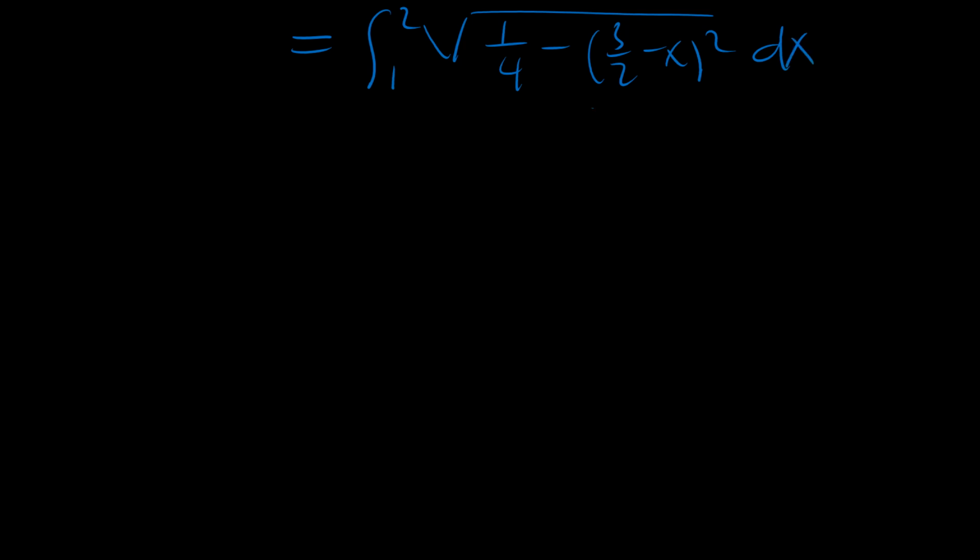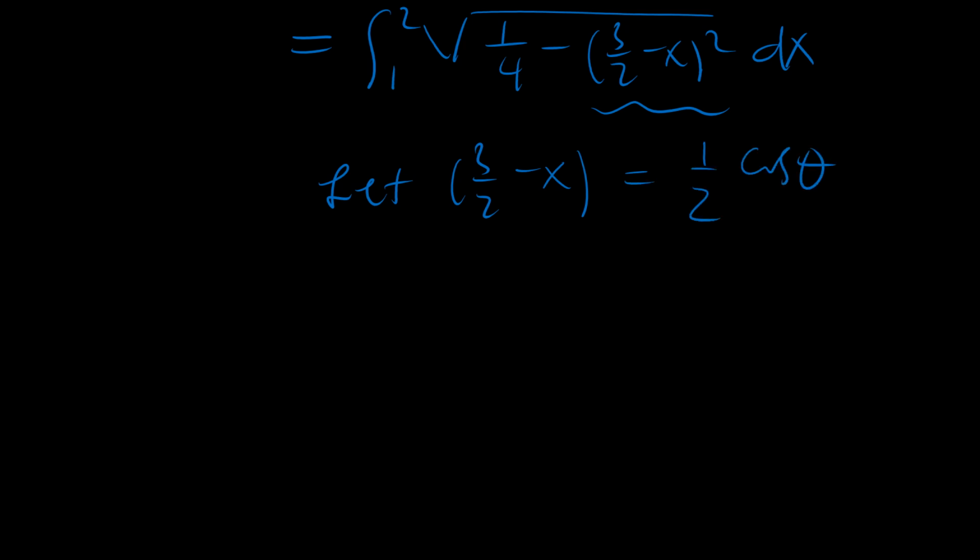So we want to simplify this by using a trigonometrical function. The easiest thing I could say is let 3 over 2 minus x be equal to a half cosine theta, so that when we plug this in, it becomes a quarter cos square theta.